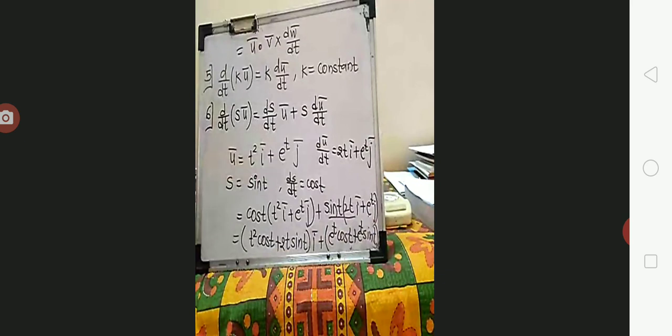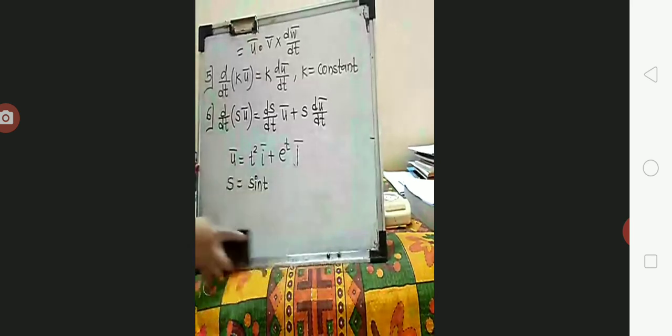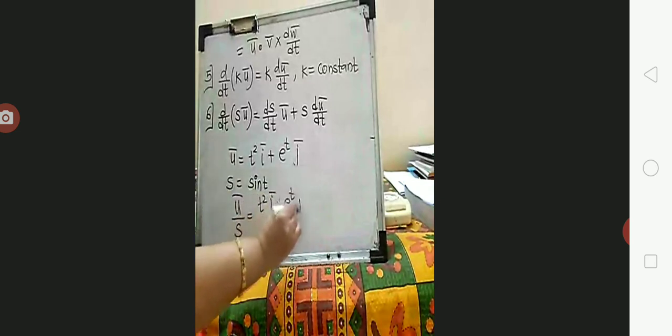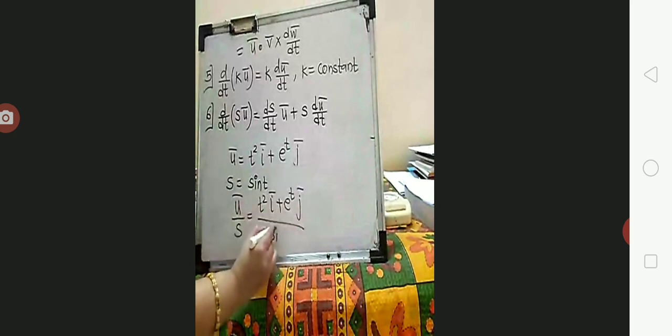Now, see, we cannot divide two vectors, but I can definitely divide a vector by a scalar function. So here you can define u bar by s. How do you write u bar upon s? It is going to be t square i bar plus e raised to t k bar divided by sin t, correct?